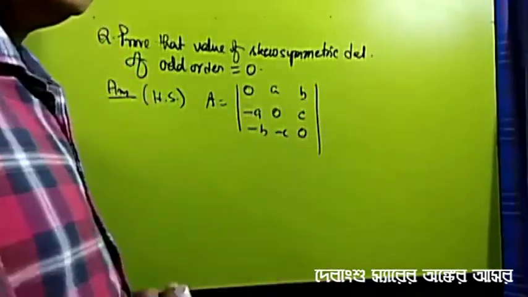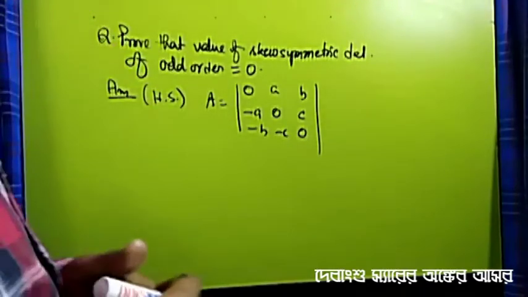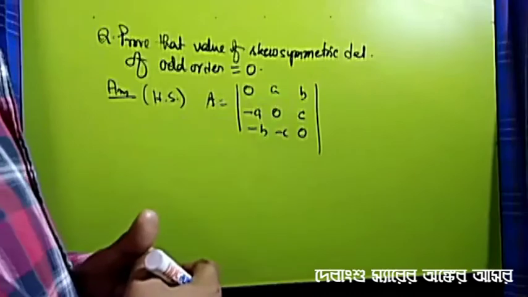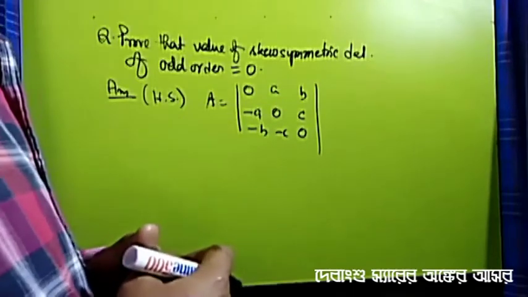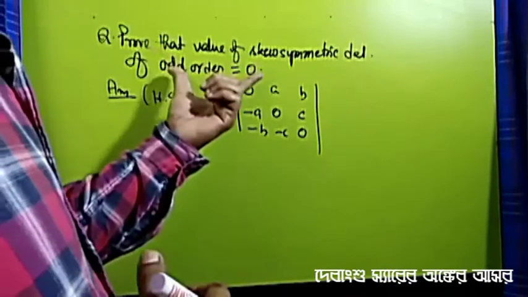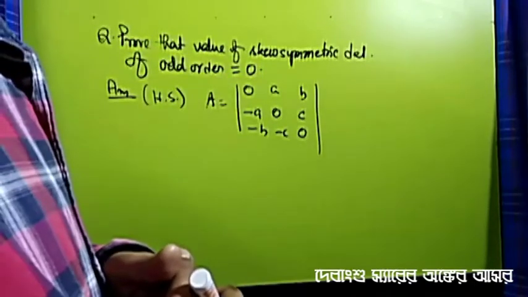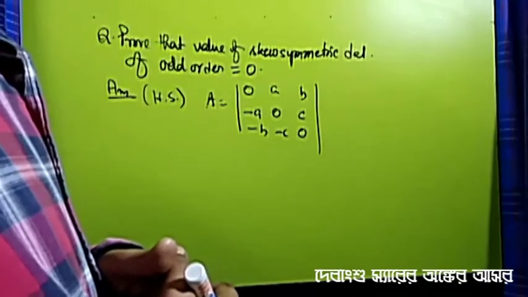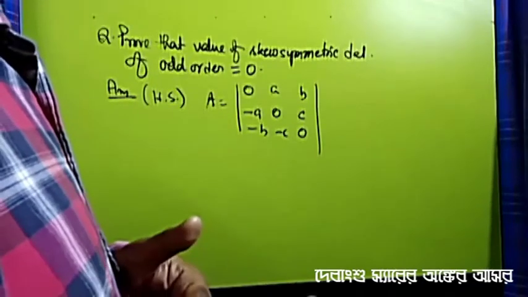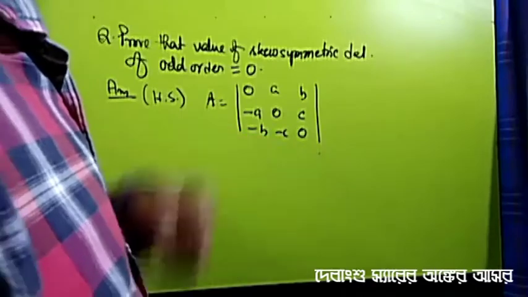Take a skew symmetric determinant like this. So A is this. Now you can prove that the value of A is 0. That will prove the theorem for third order only, but the HS syllabus is limited up to third order.